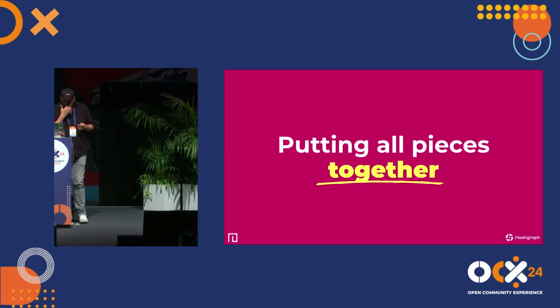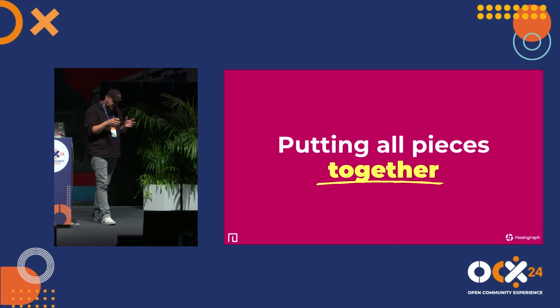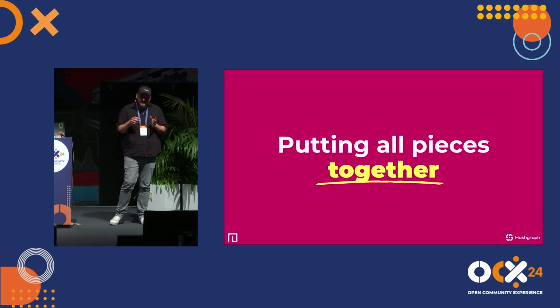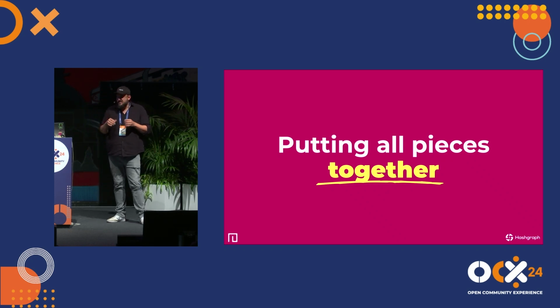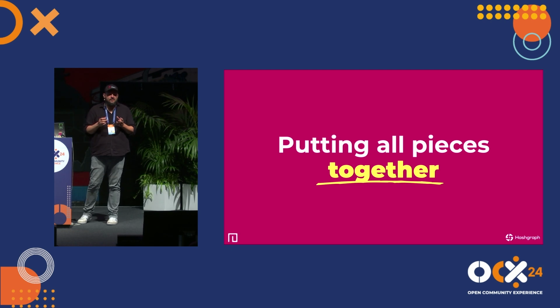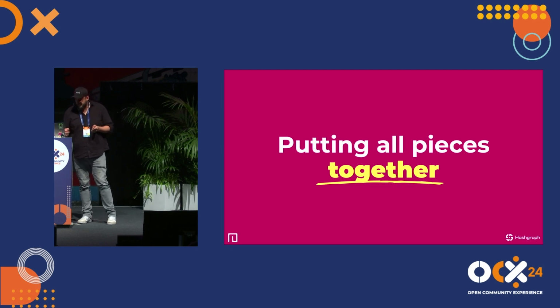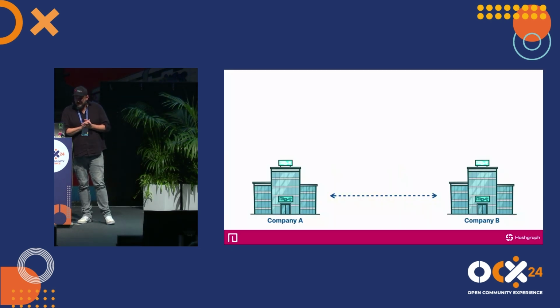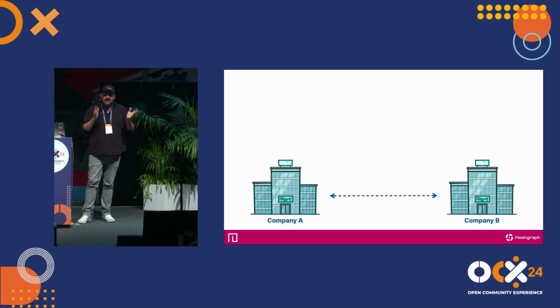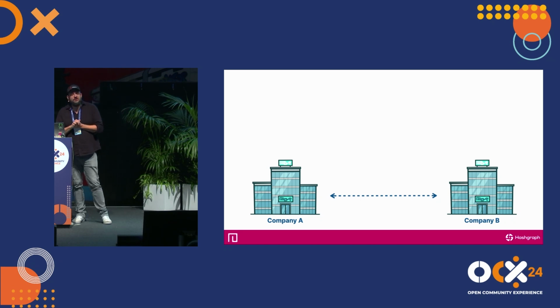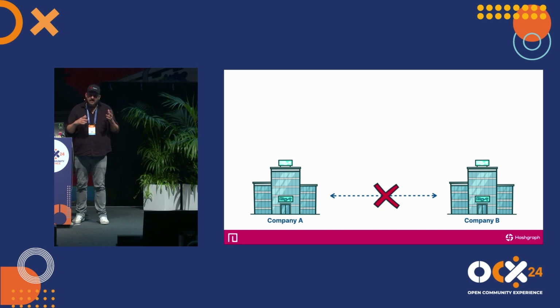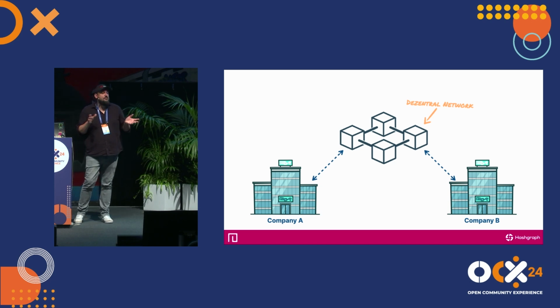So putting this all together, what does it mean in the case of distributed networks that are based on open source components? Again, if we have two companies that want to exchange critical data, it's often a problem. So instead of having a direct connection between those, we can use a decentralized network.